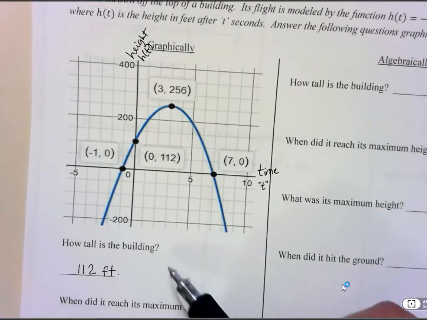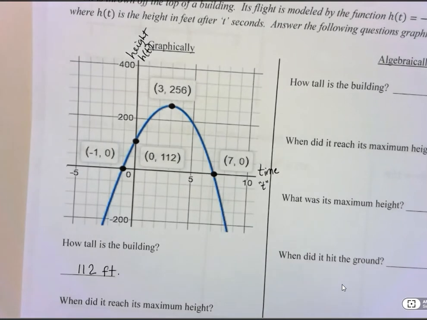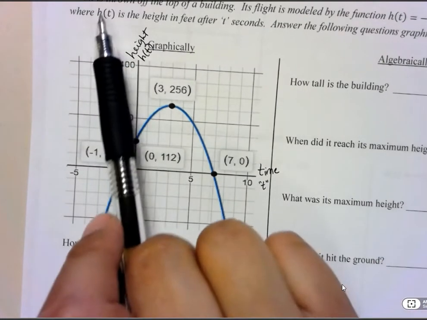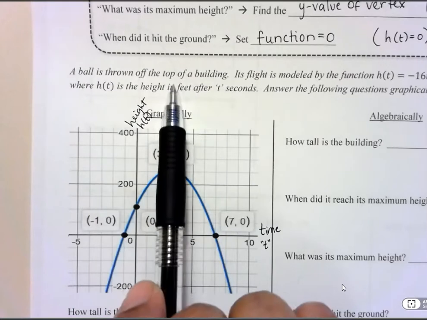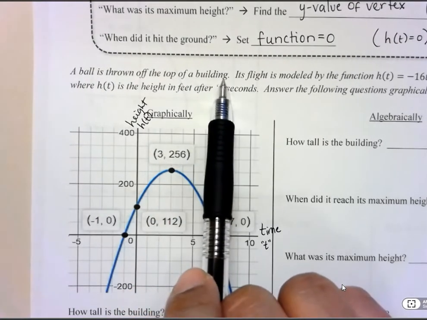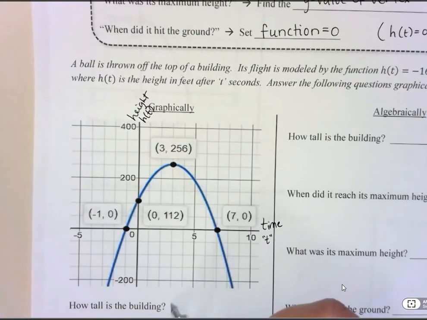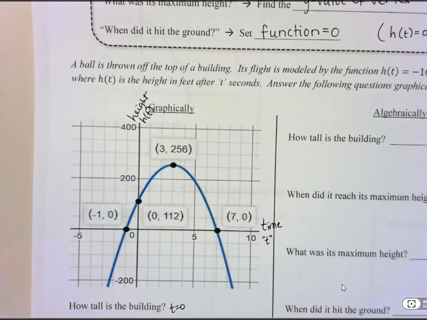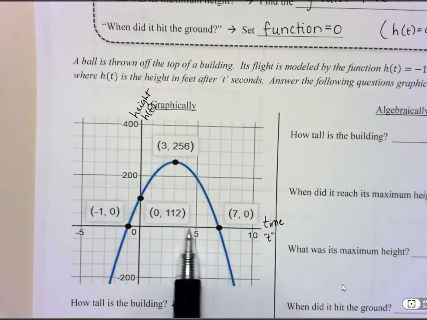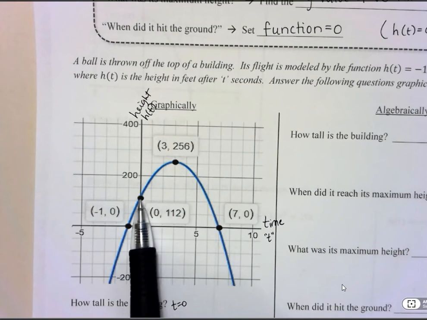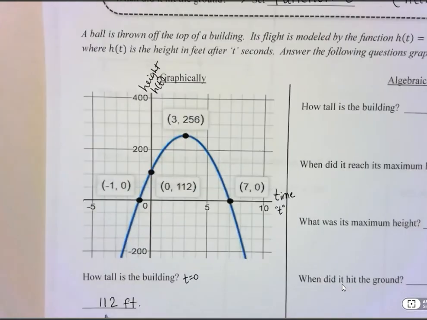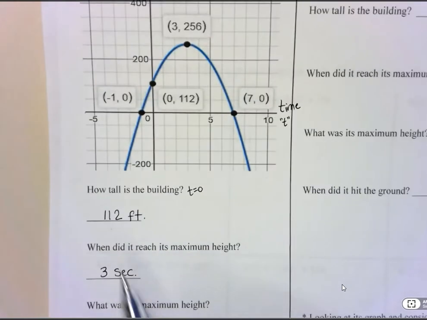So how tall is the building? Well, when was the ball on top of the building? It was thrown from the top of the building, so at time equals 0 is when the ball was on top of the building. So you go looking for time equals 0. The height at that point is 112, so the height of the building is 112.